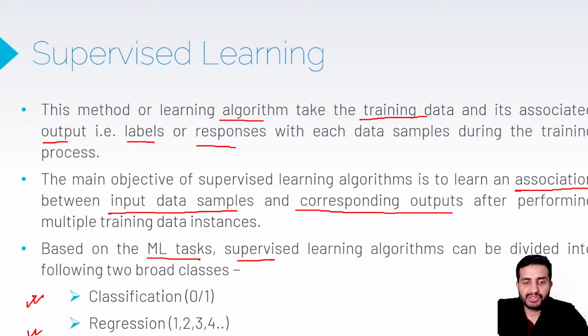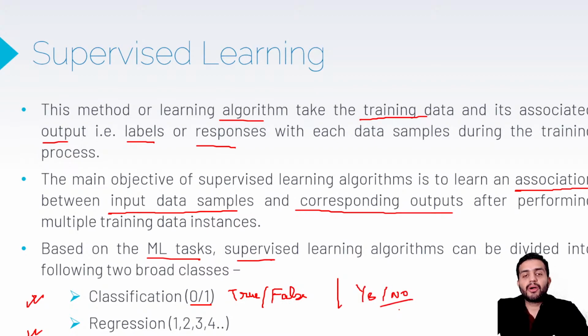So how does that happen? Classification, as you can see here, 0 or 1, true or false, yes or no. A problem statement where the objective is in terms of a class.